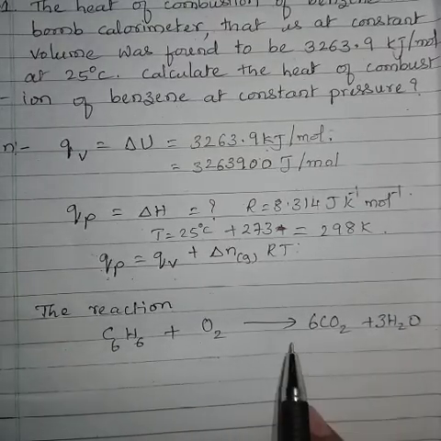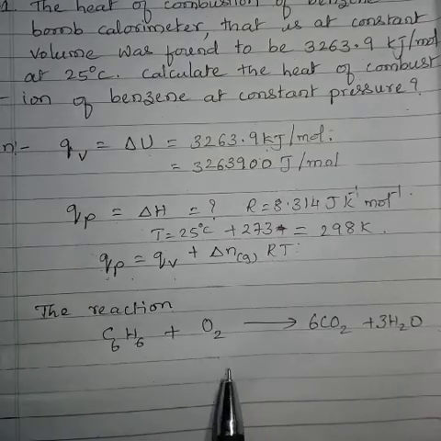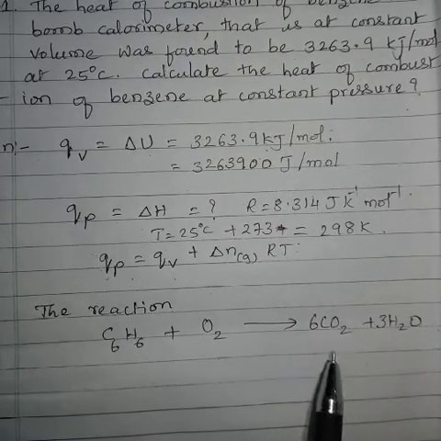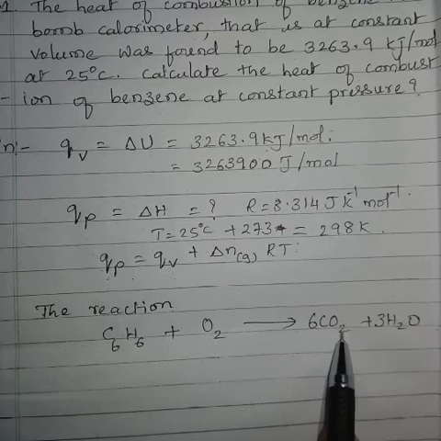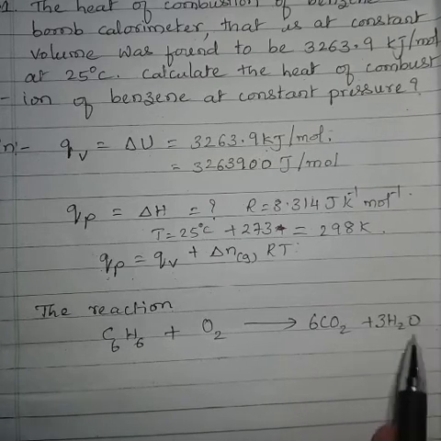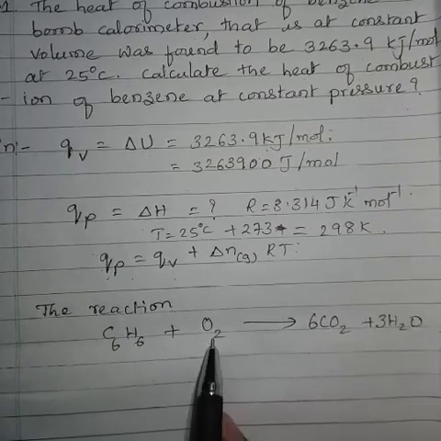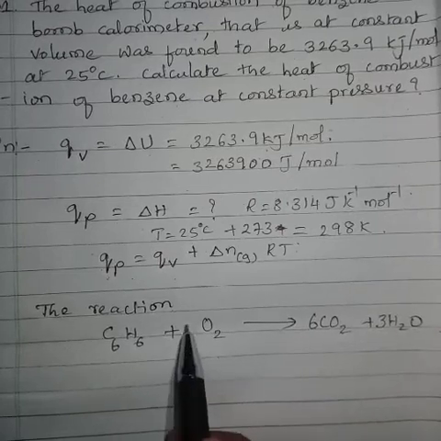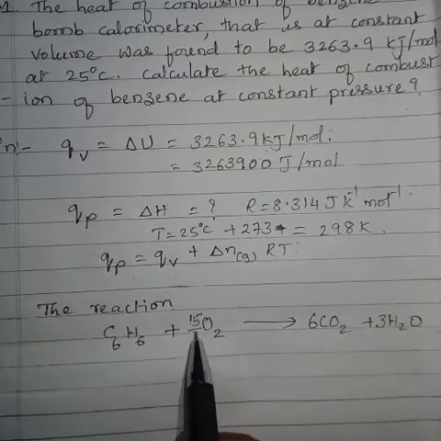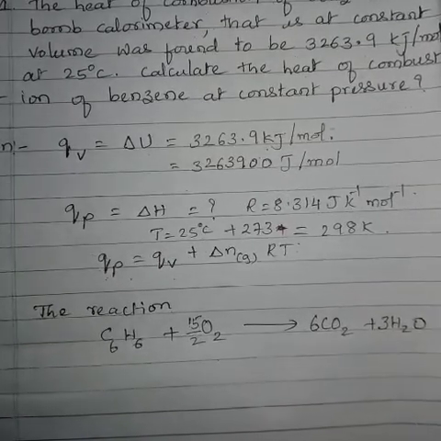So hydrogen and carbon are balanced, but oxygen is not balanced. Just to count, 6 2s are 12 plus 3, that is 15, but here it is in the form of O2, so just you write 15 by 2, it will be balanced.